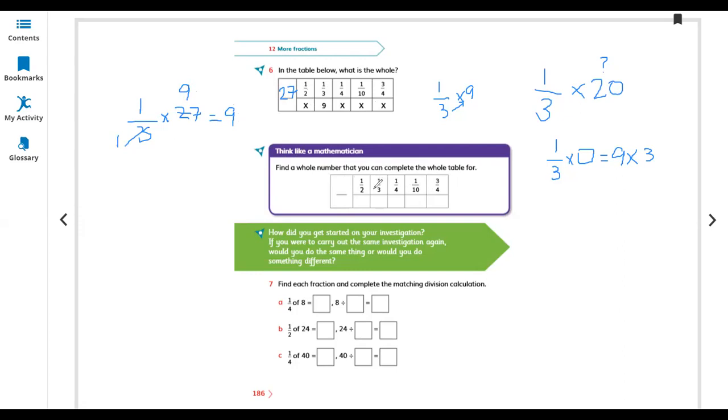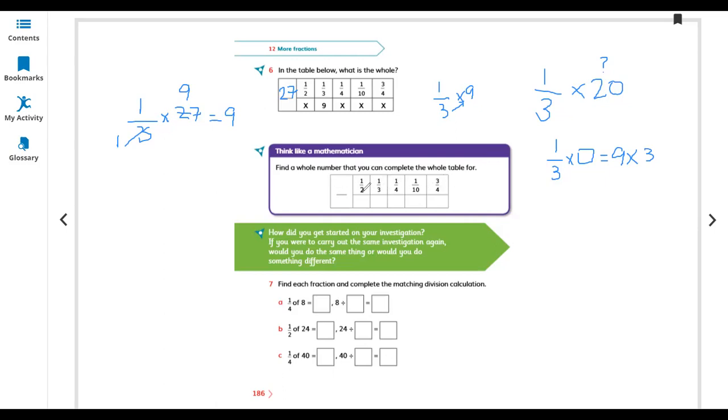So we can see here 1 by 2, 1 by 3, 1 by 4, 1 by 10, and 3 by 4. So we can choose, it should be an even number, because the denominators are all even.